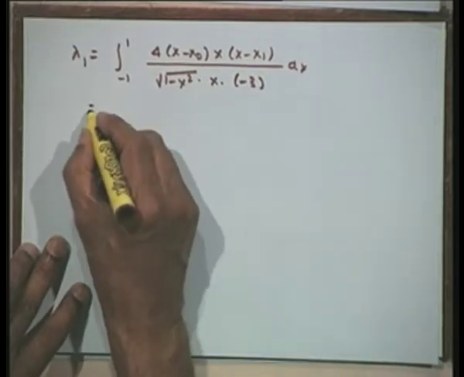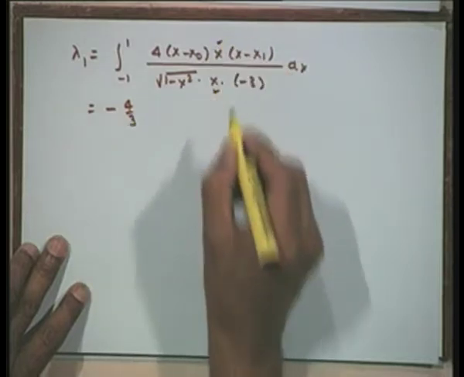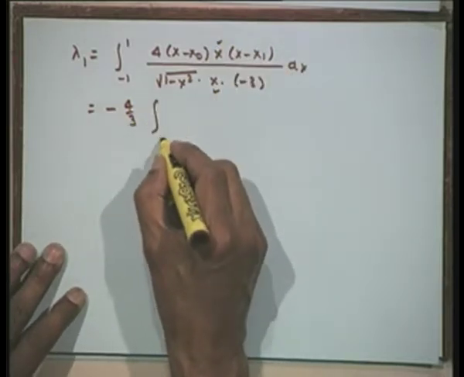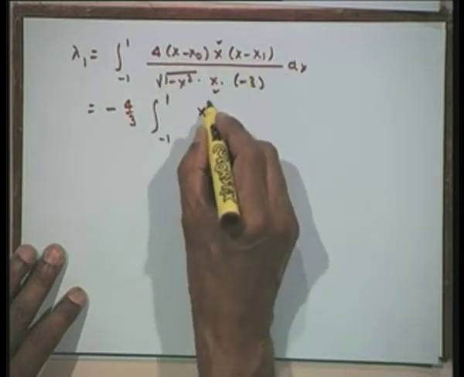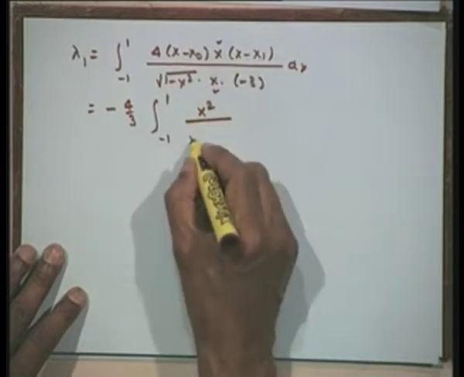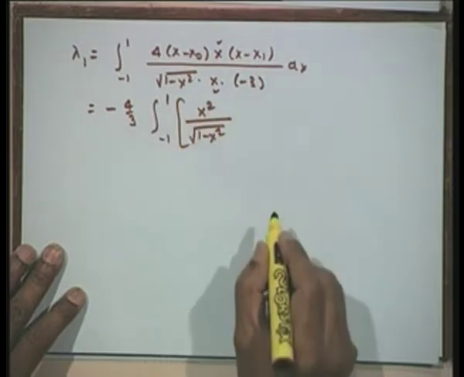Now this gives us minus 4 by 3, now x cancels here, so I will have minus 1, and this product I will open up as x squared upon under root 1 minus x squared, that is the first term.